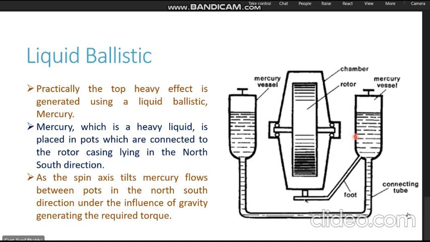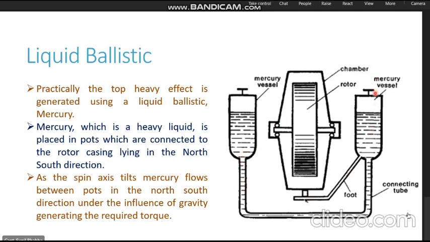Now imagine that you have an upward tilt of the south end. That means, sorry, upward tilt of the north end. So this is the north end. Let us say the north end is tilted upwards. If the north end is tilted upwards, this is the north pot. The north pot is also going to go up because it is rigidly connected with the casing. The north pot will go up and the south pot is going to go down.